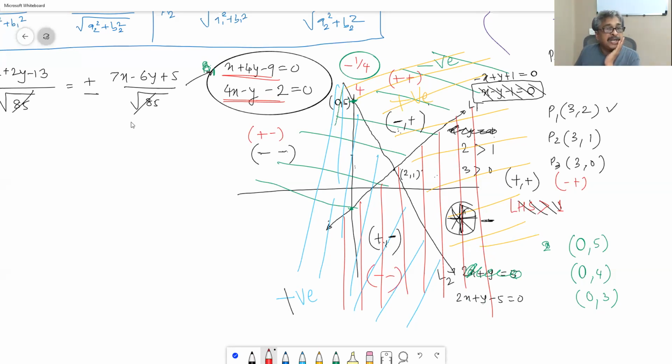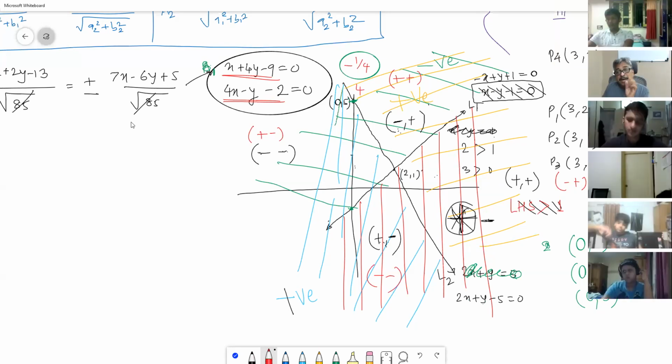Have you understood what I did? I multiplied one equation by minus 1. Therefore, with respect to first line, the half plane which was positive became negative. With respect to first line, the half plane which was negative became positive. And the second line was kept as it is.